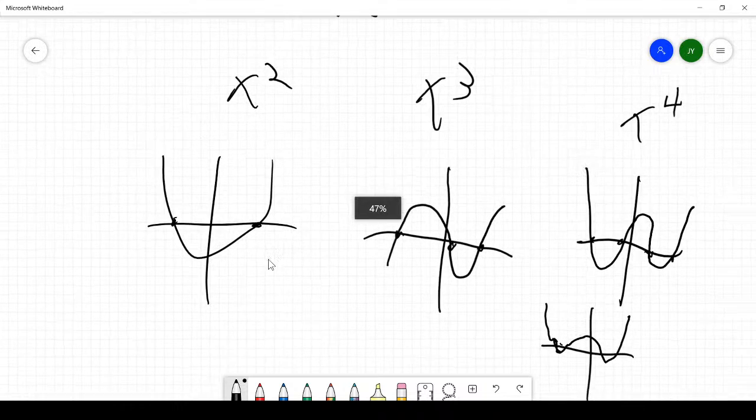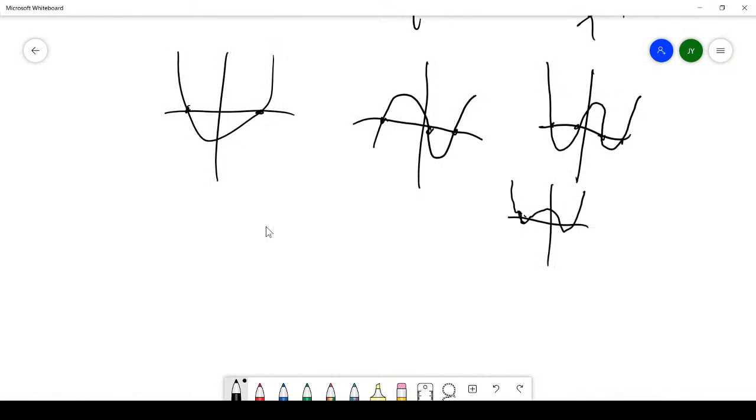Now, you might be asking, what if the graph looks like this and it never touches the y-axis? Well, in that case, that's because the roots of the graph are not on the normal plane.